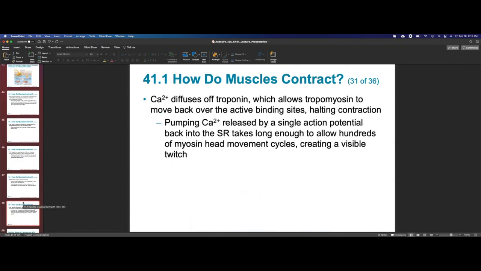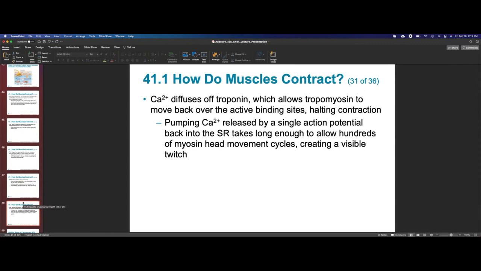The muscle cell shouldn't contract anymore because it's no longer receiving a signal from the neuron. So calcium will come off that accessory protein, troponin, which will then allow tropomyosin to cover back up those active sites on the actin, so that beaded pearl necklace will no longer have exposed binding sites. So then you won't have the myosin head be able to move across it anymore.